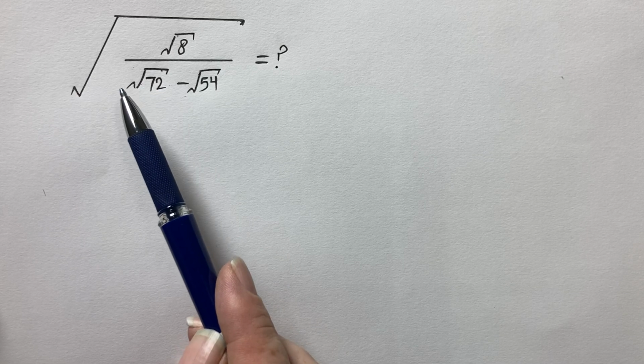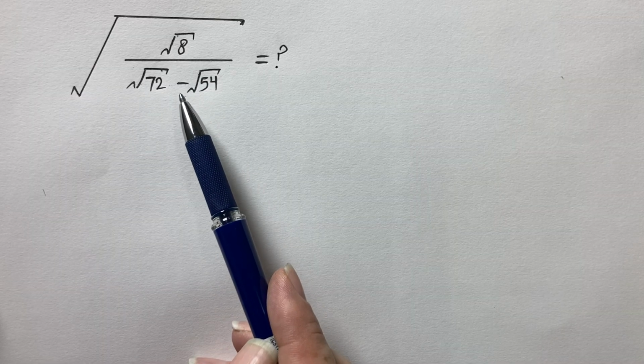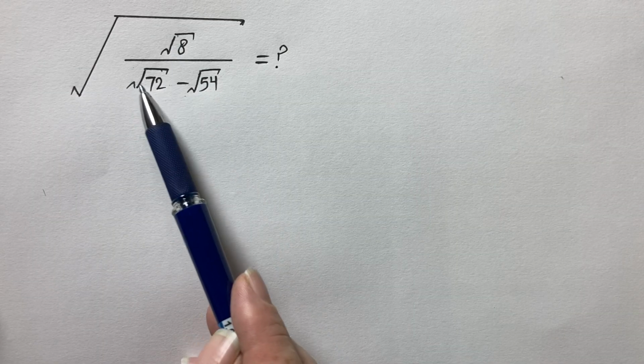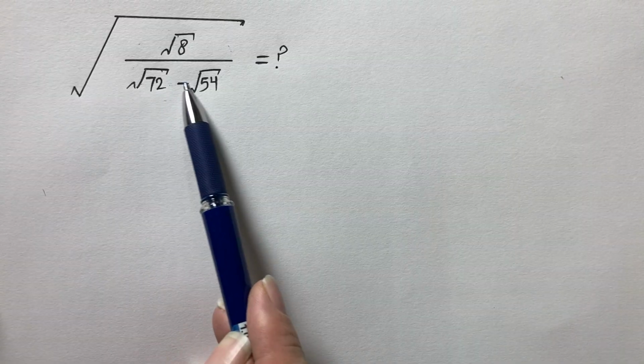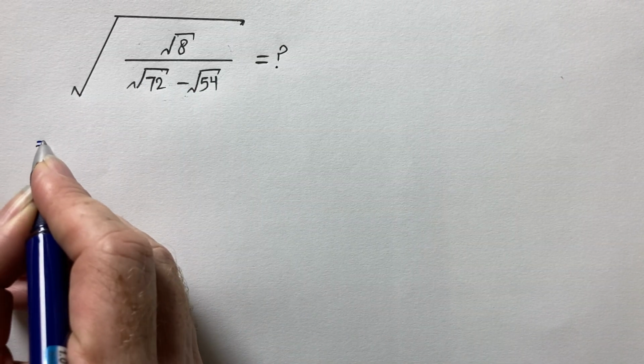In this video, we are going to find out the value of this square root without using a calculator. To start the solution, I'm going to multiply both top and bottom of this inner part by the conjugate of the denominator. Let me write the denominator here.